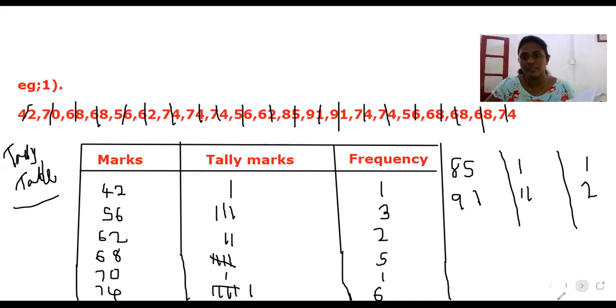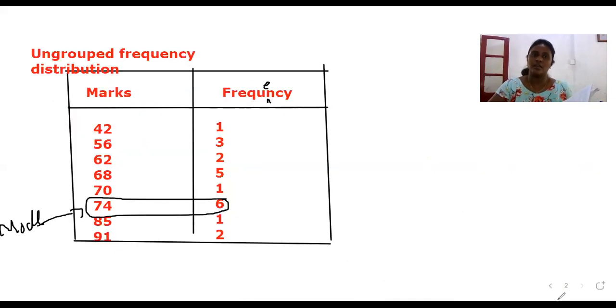After this, from this tally table, you get the ungrouped frequency distribution. Once you draw this ungrouped frequency distribution, please highlight the mode in this way.